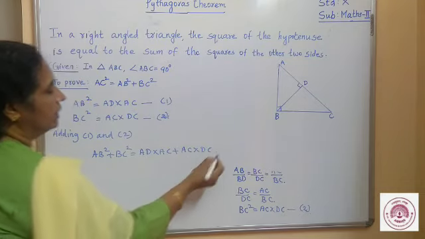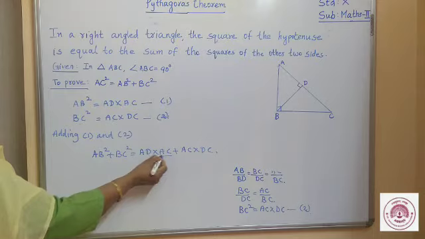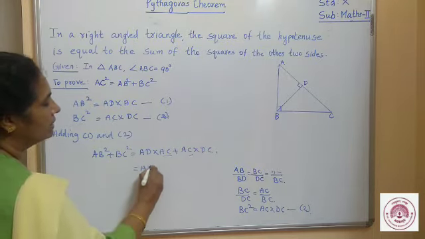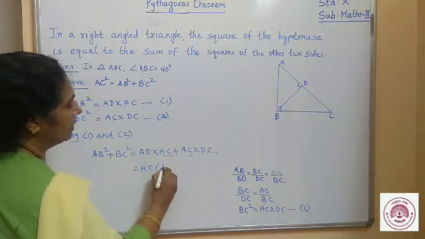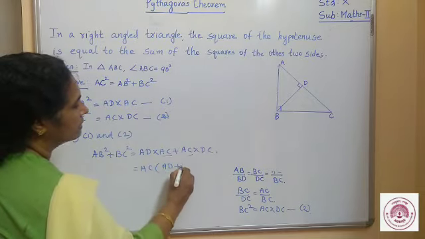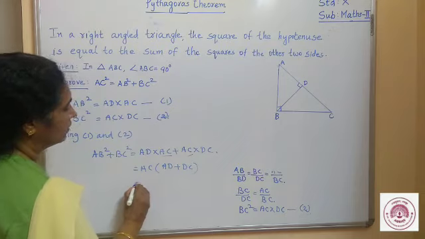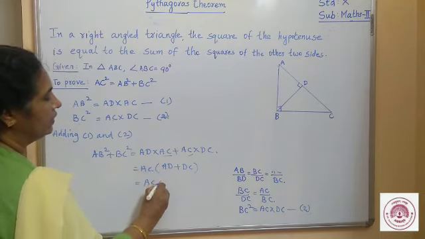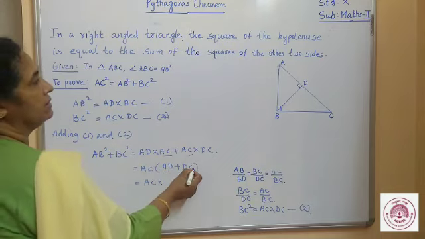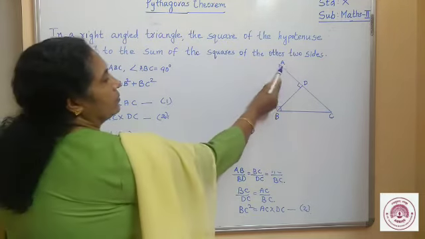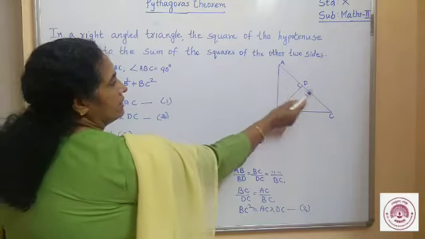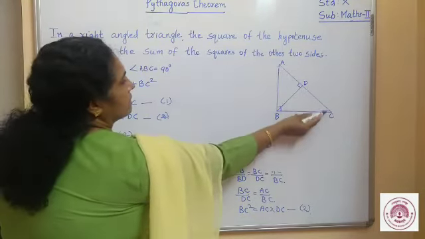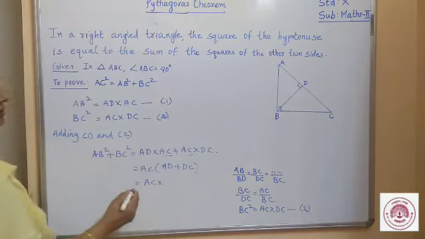And on the right hand side, what is common? AC is common. We can take AC common: AC into AD plus DC. Now, what is AD plus DC? These 3 points A, D, C are collinear. Therefore, AD plus DC will give you AC.